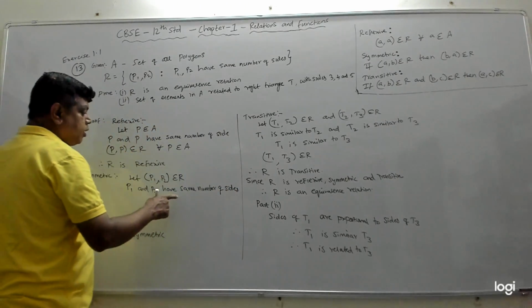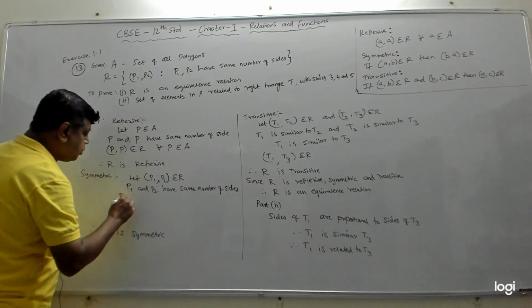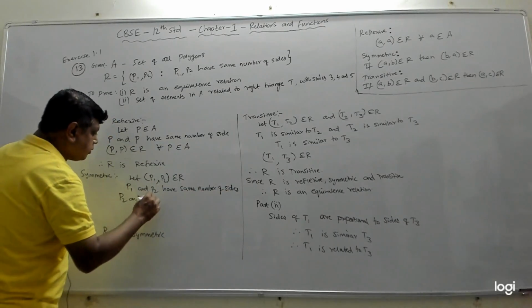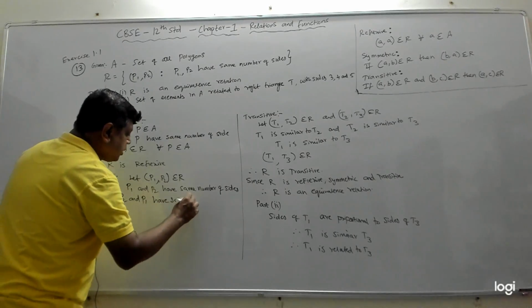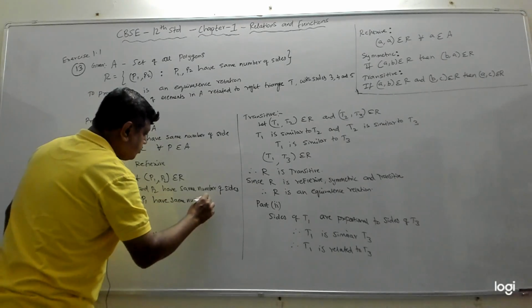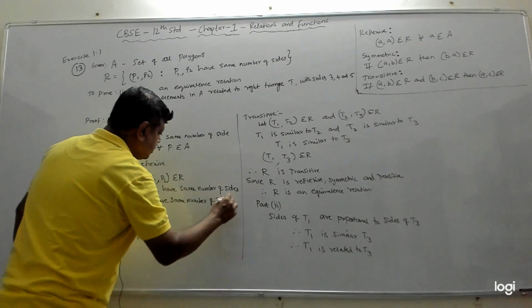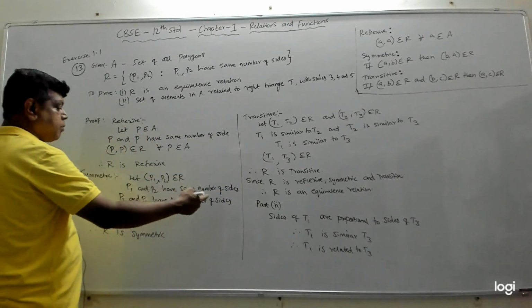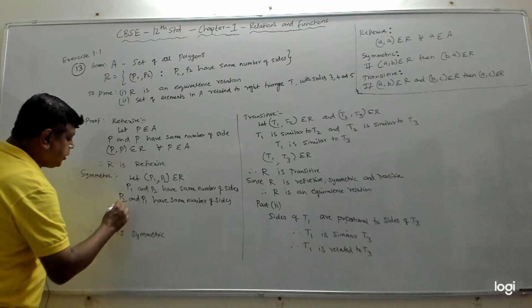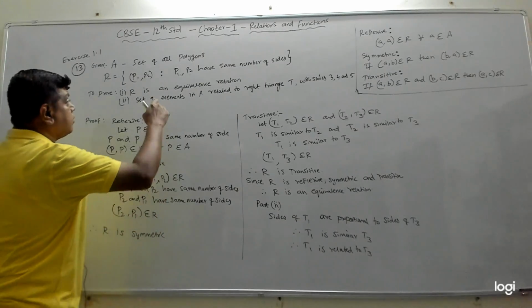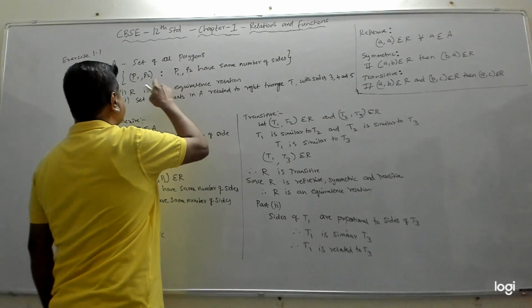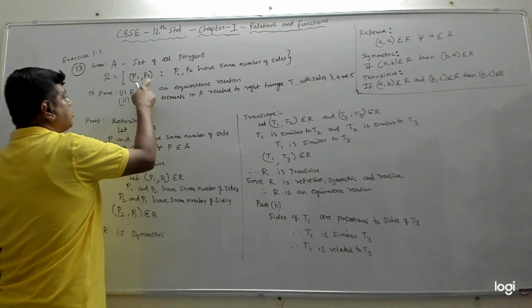When P1 and P2 have same number of sides, it means P2 and P1 have same number of sides. Now P2 and P1 have same number of sides means P2 comma P1 will belong to R, because that is the definition.